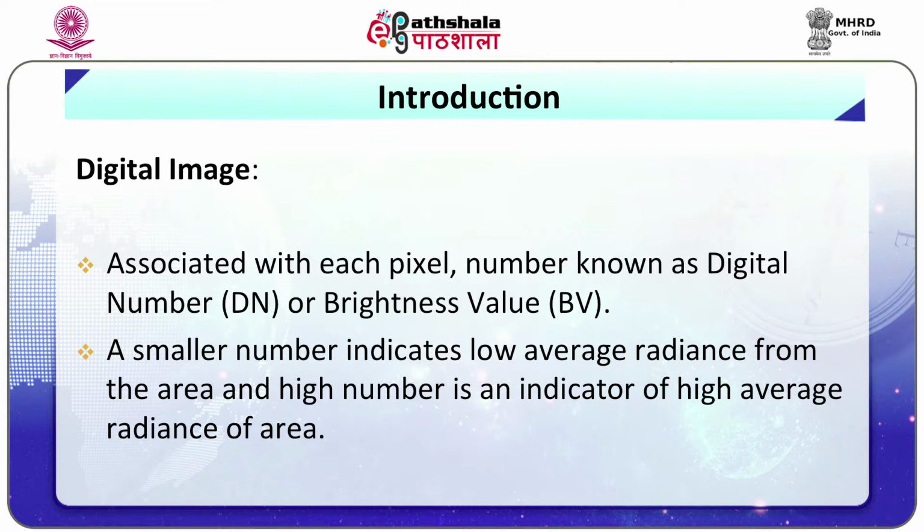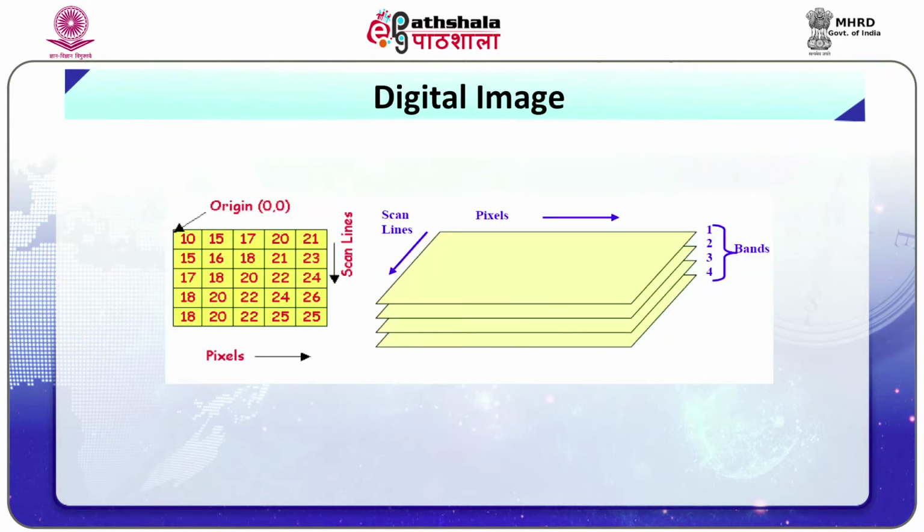Raw digital images usually contain distortion or various types of errors, so they cannot be used directly as a map without proper processing.